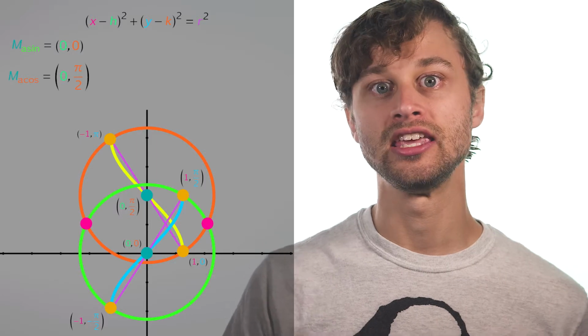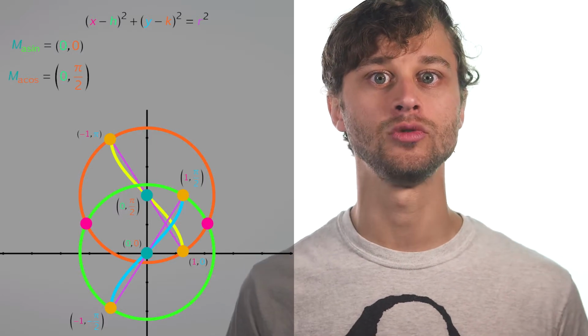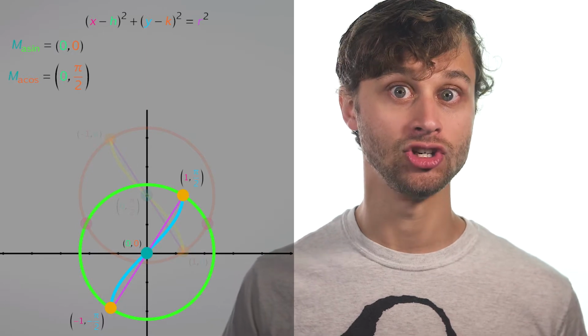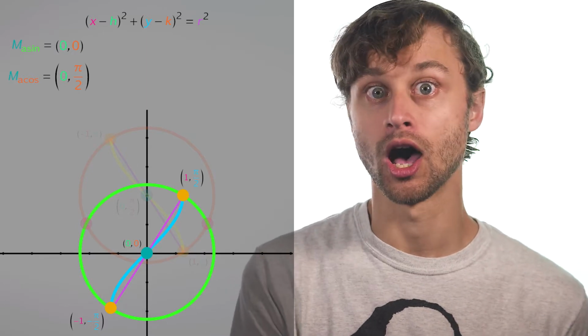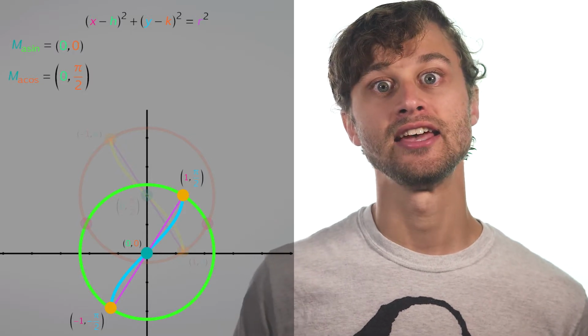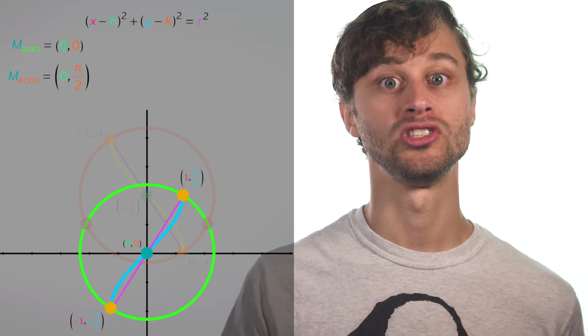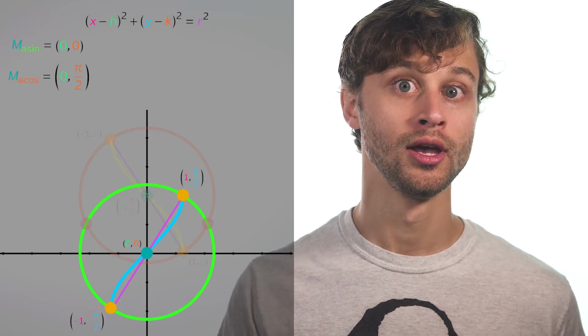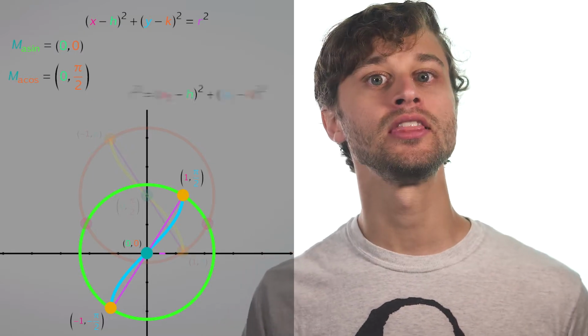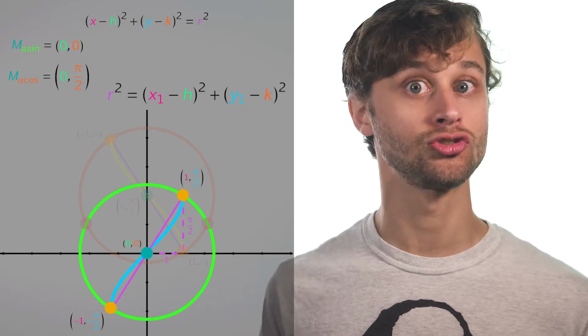Let's try to find the radii of both of these circles. To find the radius of the arcsine circle, all we need to do is take the distance from the center of the circle to any point on its edge. One of those points could be the endpoint of the arcsine function. So if I take the distance from (0, 0) out to (1, pi/2), I can use the Pythagorean theorem to find the hypotenuse of this triangle that I've drawn.